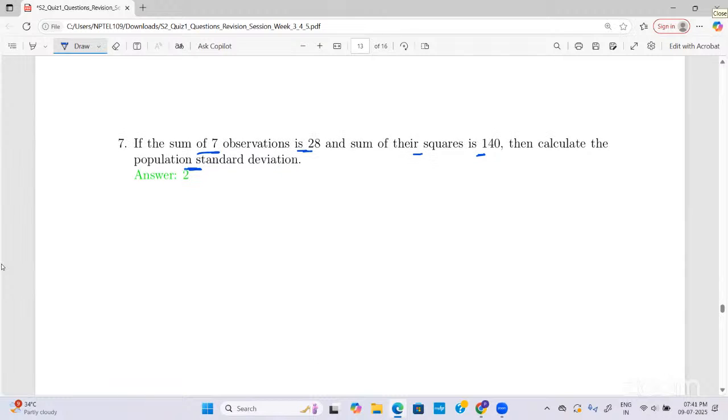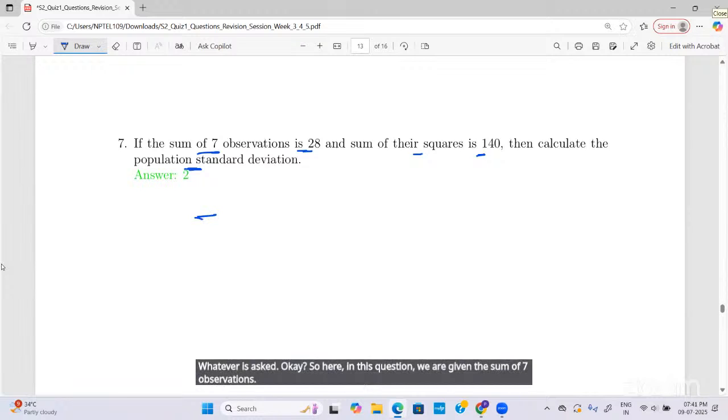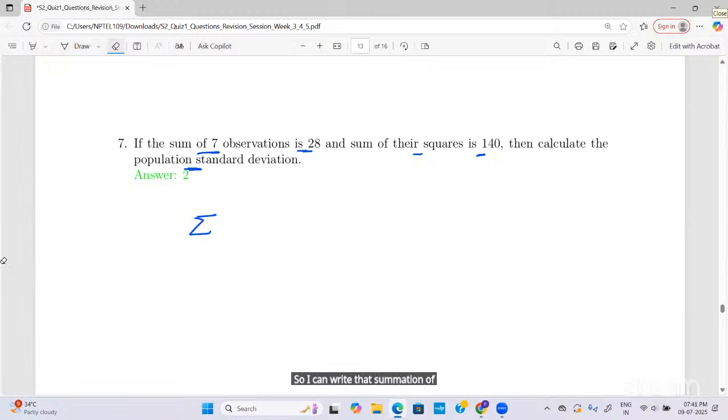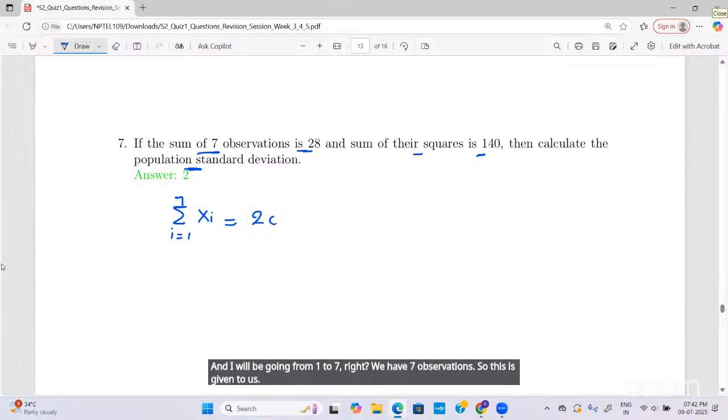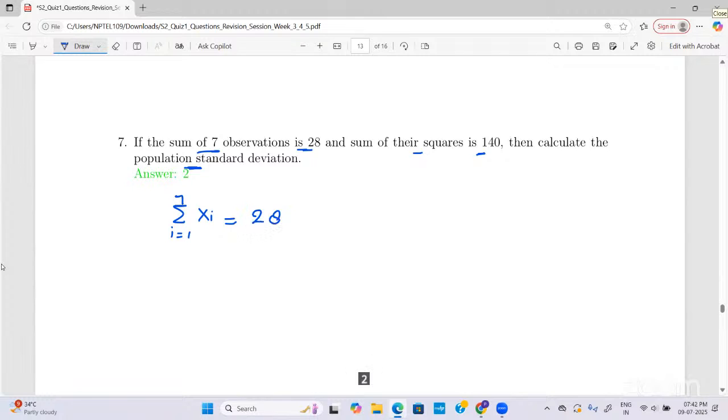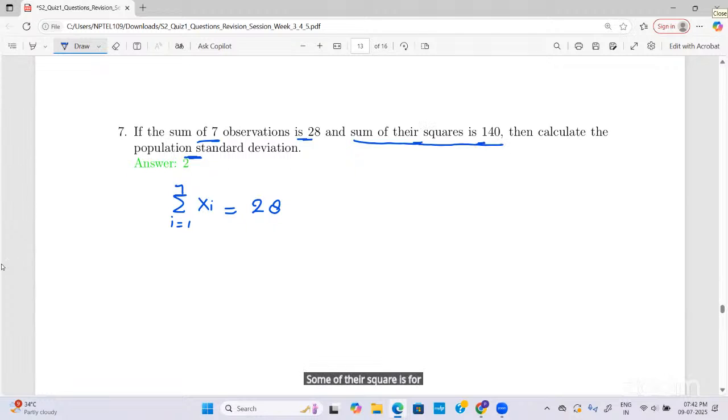So here in this question, we are given the sum of 7 observations. So I can write summation of xi, with i going from 1 to 7, right? We have 7 observations. This is given to us as 28. What is the next line saying? The sum of their squares is 140. So what is the mathematical form of it?